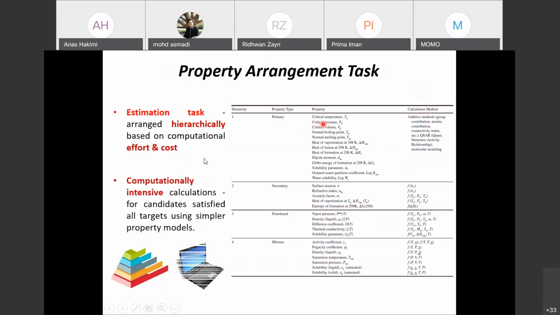And subsequently, you can calculate by using computation for the candidates which satisfy all the targets using simple property models. Only for those candidates that have satisfied all the targets by using simple property models. If all are satisfied, you can calculate and then verify by using the computer.